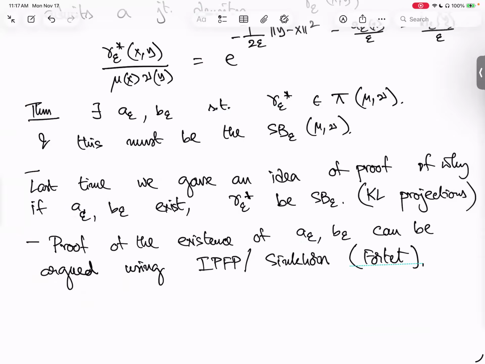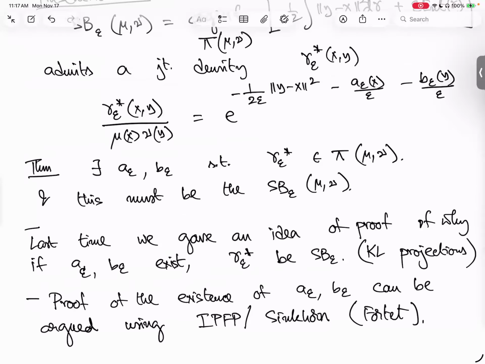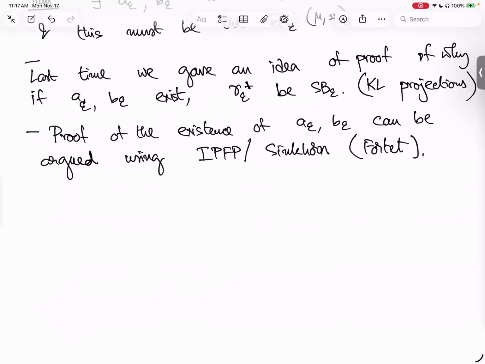So where do we start from? We start from the fact that, if gamma epsilon star has to be in the set of couplings, these functions a epsilon and b epsilon must satisfy some constraints. So this is the Schrodinger system of equations.